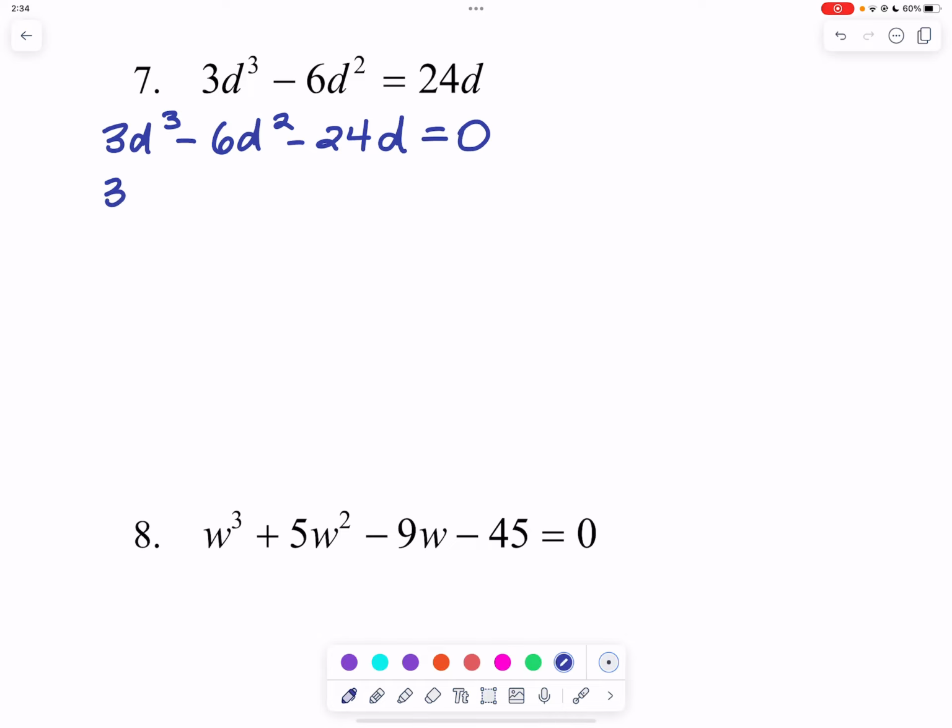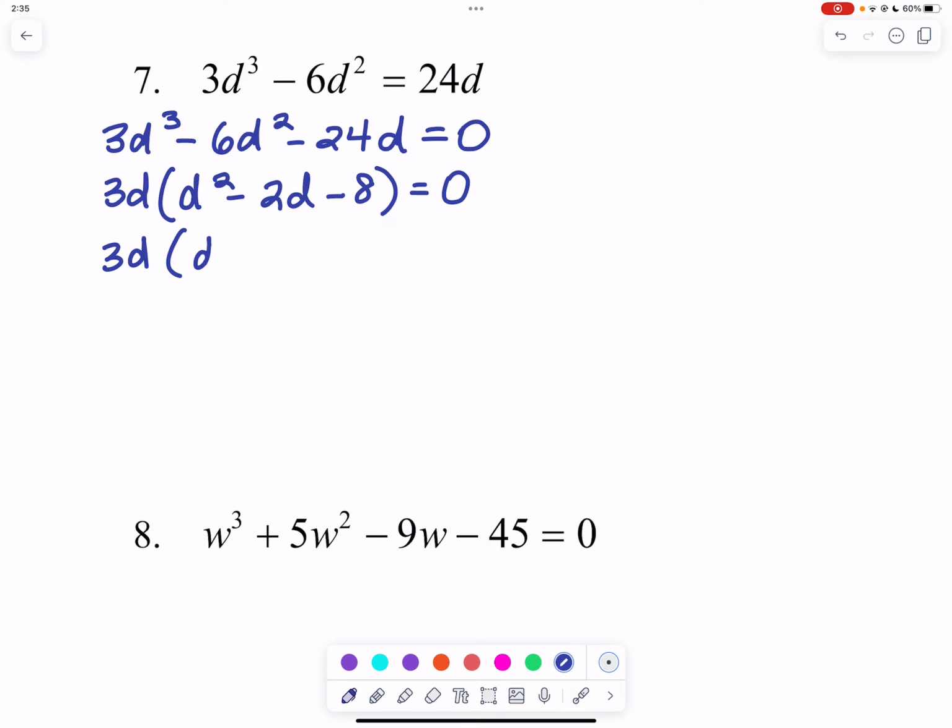So as you can see, we have 3 and d in common for every term. Factoring a 3d out, we have d squared minus 2d minus 8 equals 0.